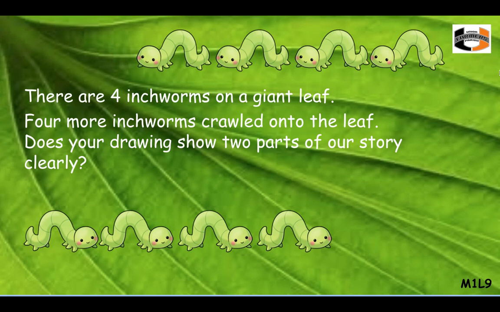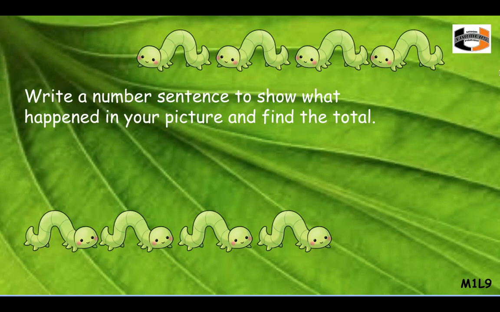4 inchworms on a giant leaf. 4 more inchworms crawled onto the leaf. Okay, now can you write a number sentence to show what happened in your picture and find the total?